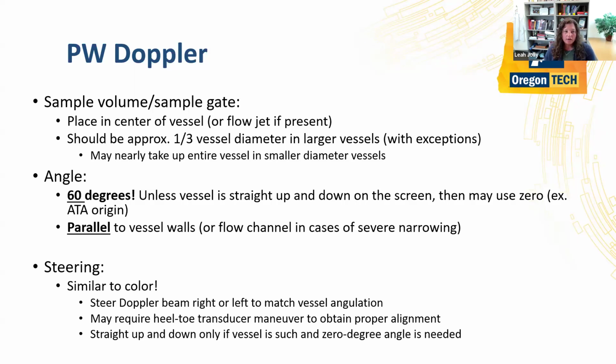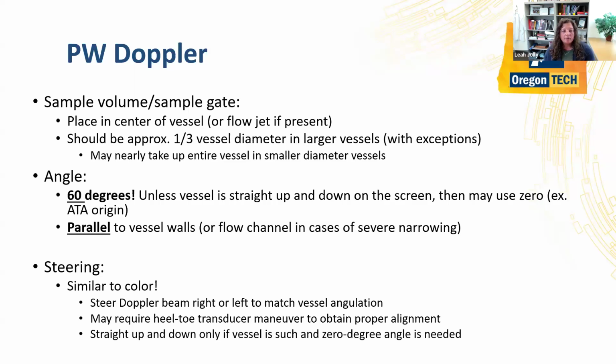So ideally, we want our angles to be 60 degrees unless you cannot reasonably achieve it. So 60 degrees was chosen because it is easily achievable in most vessels because our vessels tend to run fairly parallel to the skin. So 60 degrees is used very commonly.